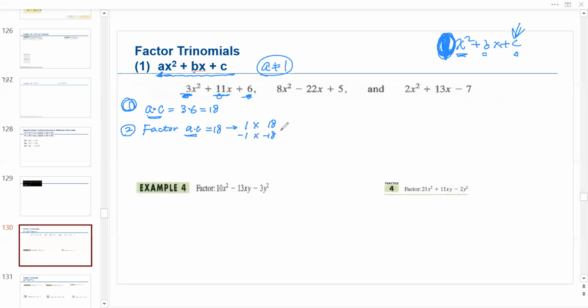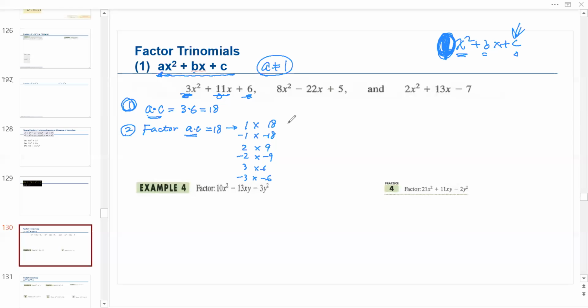Like earlier, when we factored c, factor all into pairs. Let me factor into 2 times 9, -2 times -9, 3 times 6, -3 times -6. That's all for 18.